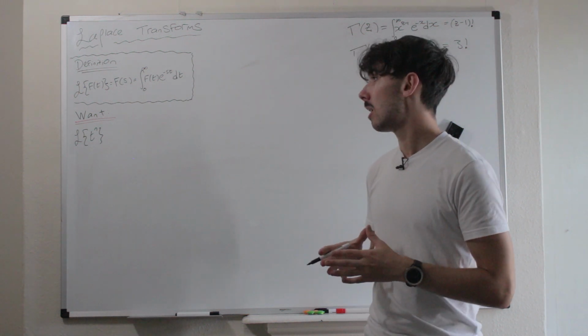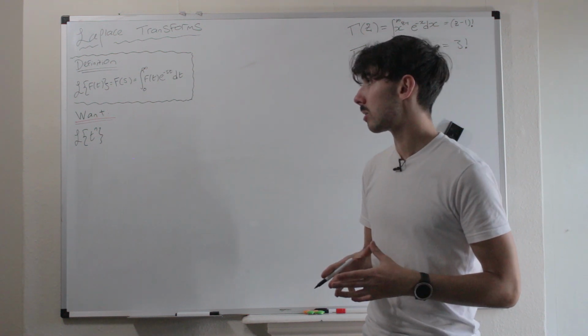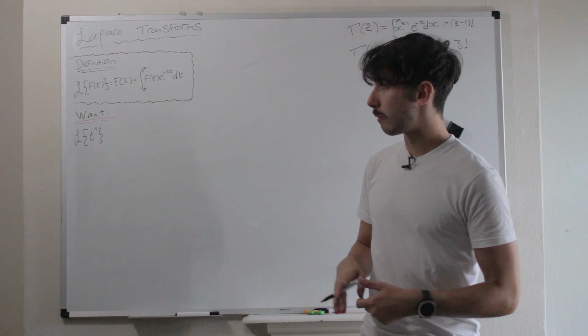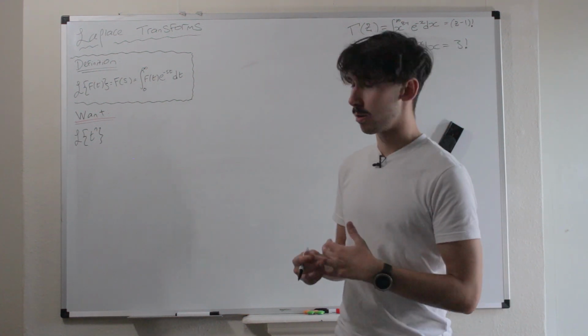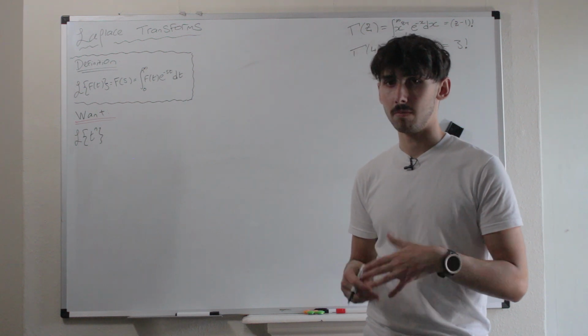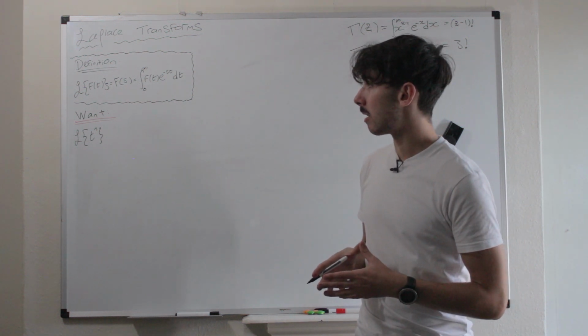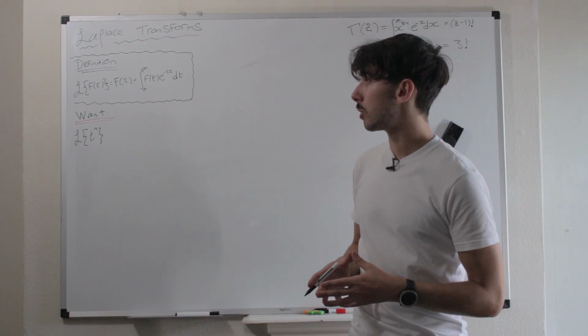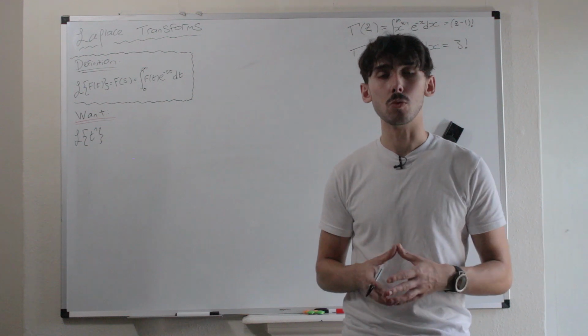So you can't find the Laplace transform of t to the minus 1 like this, or t to the minus 3. But you can find the Laplace transform of the square root of t, or the cube root of t squared, any one you want. And I don't see why you couldn't also find the Laplace transform of t to the power of root 2.